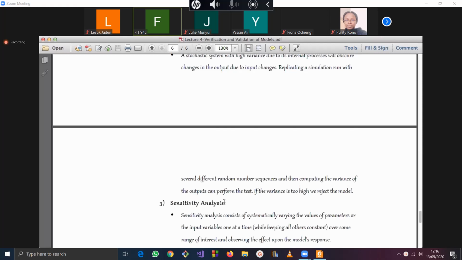So we say sensitivity is that which is able to respond and give an outcome at the slightest input. So sensitivity consists of systematically varying the values of parameter or the input variables one at a time while keeping all other constants over some range of interest and observing the effect upon the model's response.